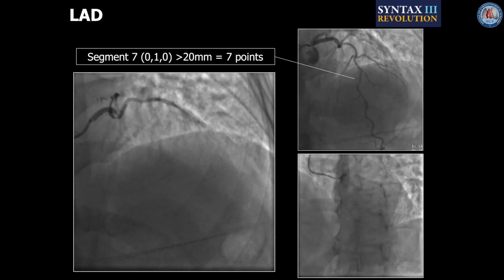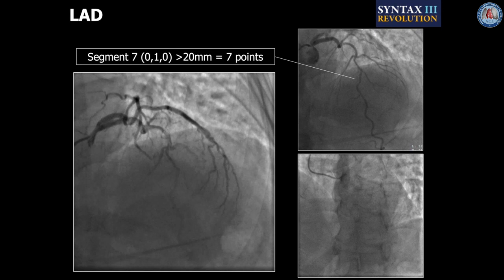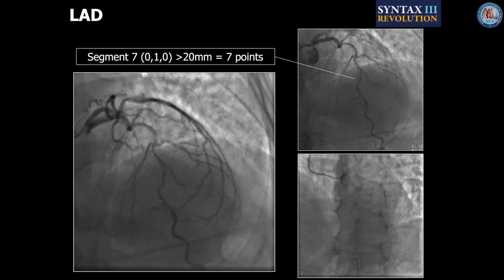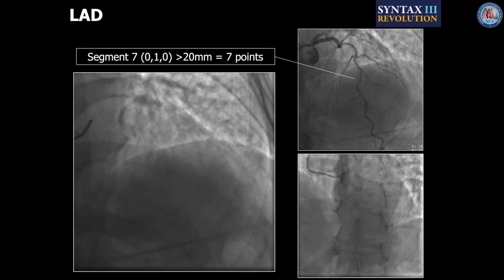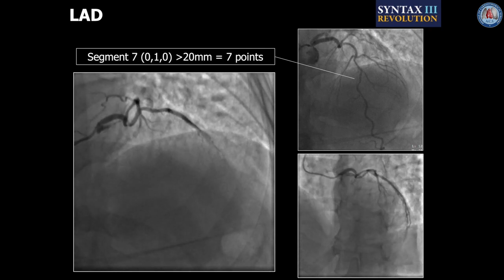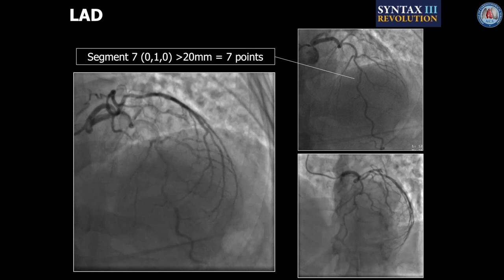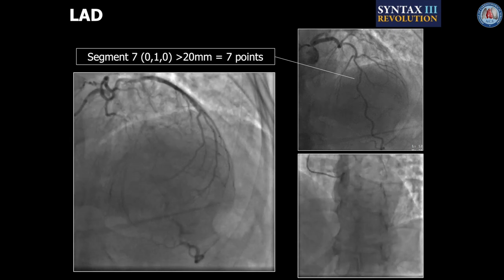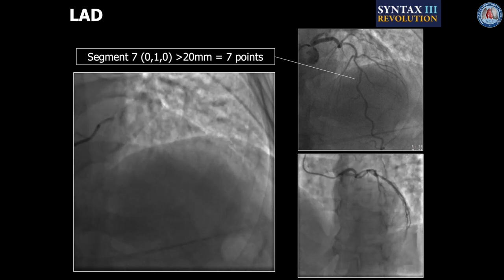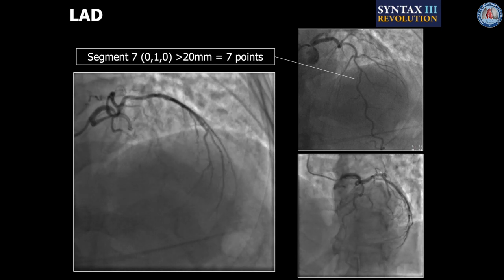The LAD is indeed initially a selective injection in the circumflex. Finally, you get the LAD filled in, and indeed there is a long segment here which is diseased. So they give 7 points considering the length of the lesion.